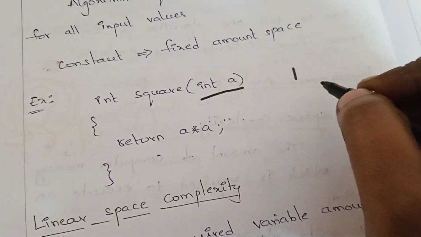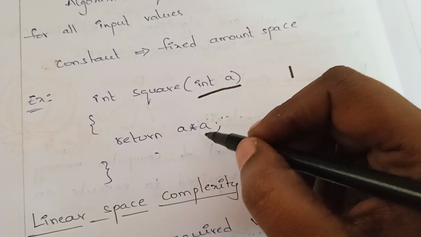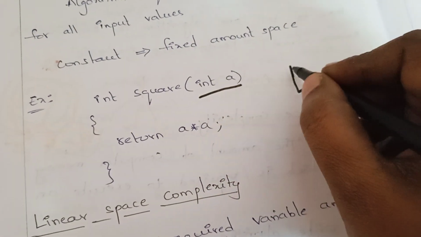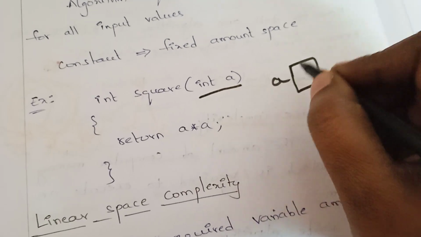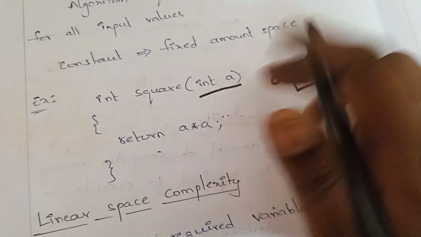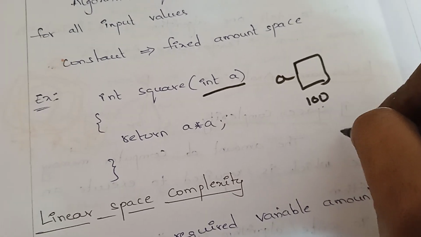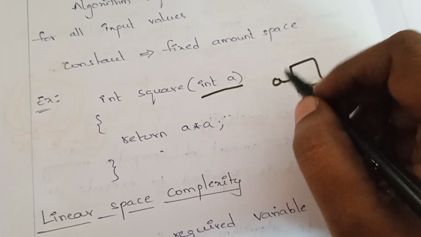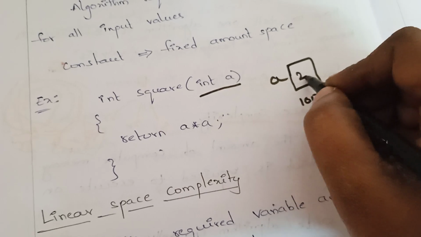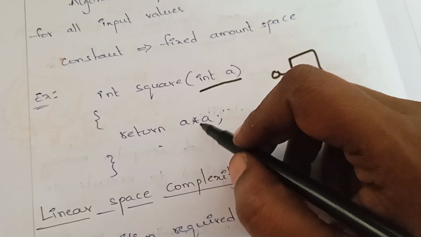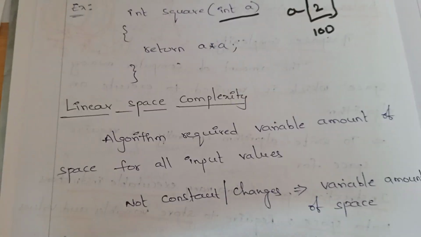Only one variable, right? So let us say my variable is a. A variable is what we define, so it is a specific memory location. So I am taking some specific memory location. Now let us suppose the value of a is 2. Okay, at this statement the value of a is 2. If you come down to the next line, it is written a into a.